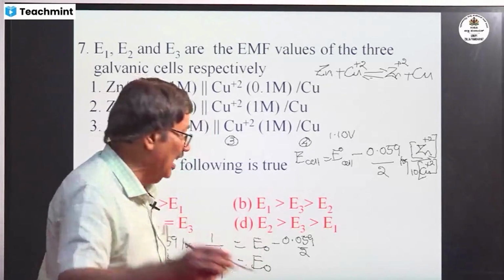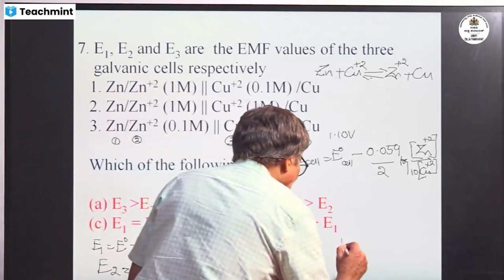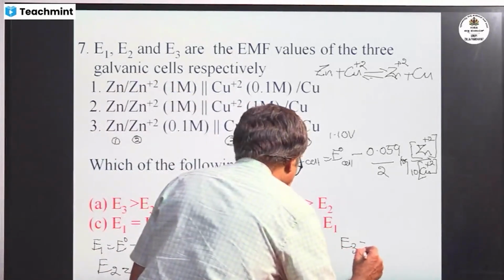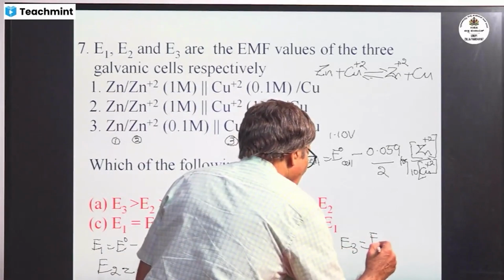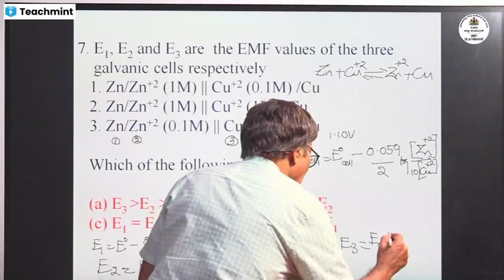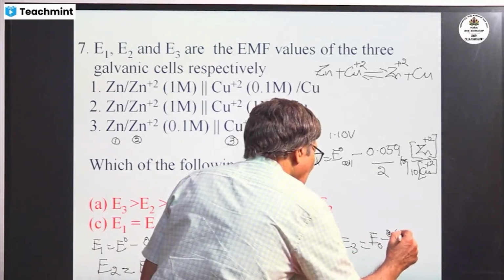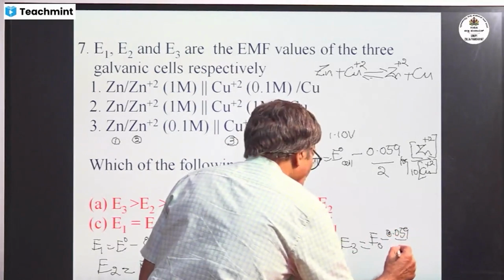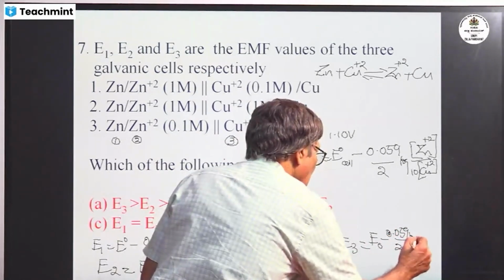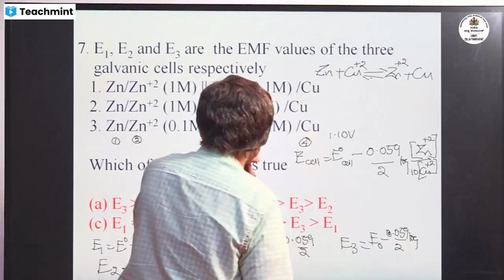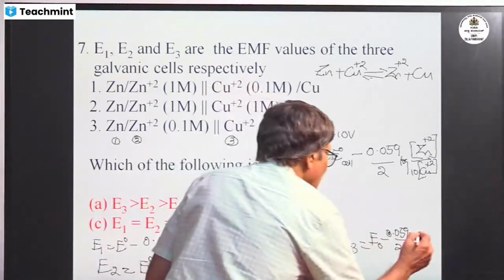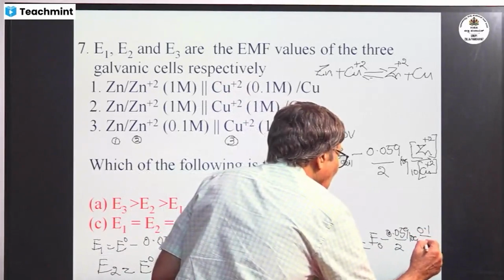Similarly, if you work it out, E3 will be E naught minus 0.059 by 2 log, concentration of zinc is 0.1 by 1.